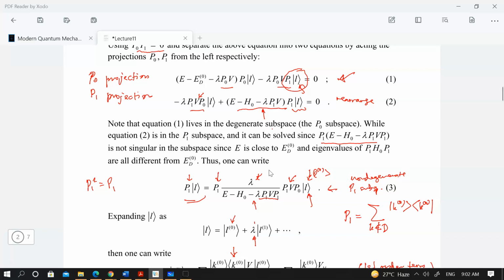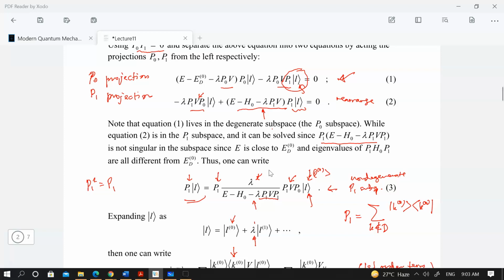P1 acting on L, one can think of it, okay, I have your P1 subspace over there, but V would sort of mix your P1 subspace back into terms involving P0 terms.